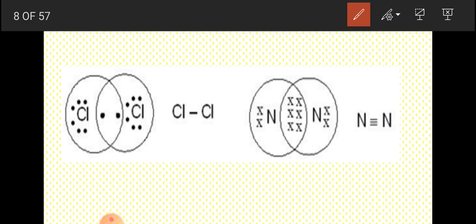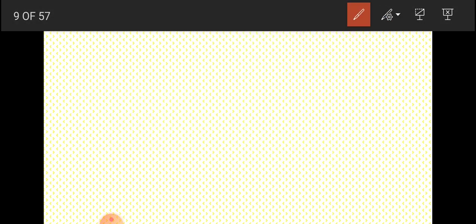Try to understand. Let's take the simplest example of the hydrogen molecule.